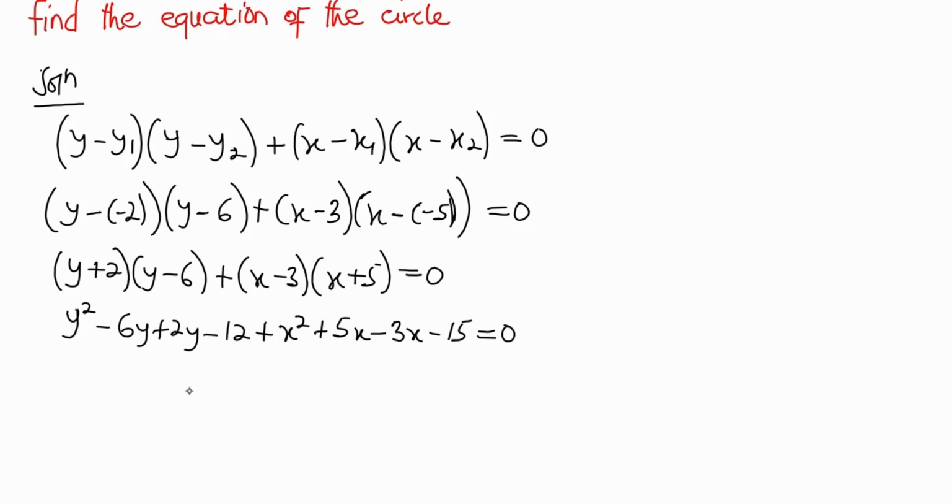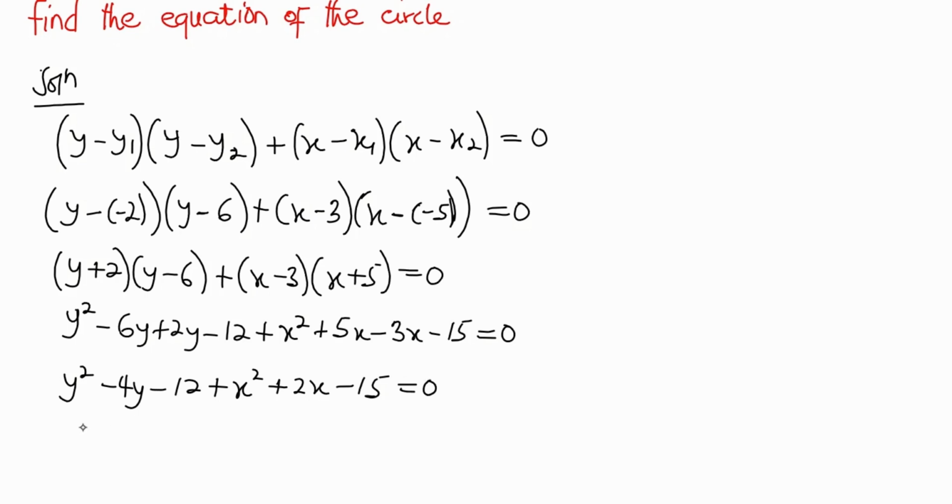So here you have to be very careful when you are dealing with positive and negative, specifically when you're also multiplying. So here we can just add what we have here, which means that y squared minus 6y plus 2y gives us minus 4y, minus 12. So we have plus x squared here, and plus 5x minus 3x gives us positive 2x, and you have our minus 15 as well, which is equal to 0.